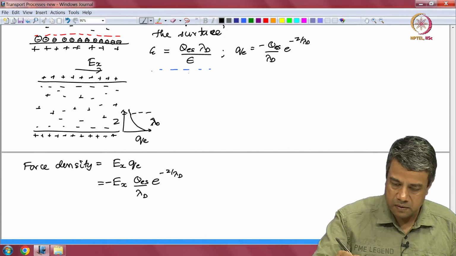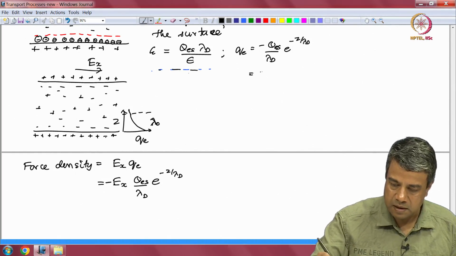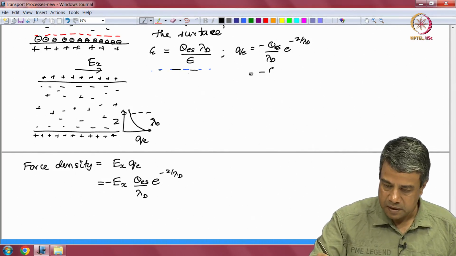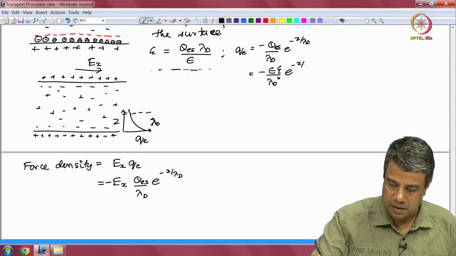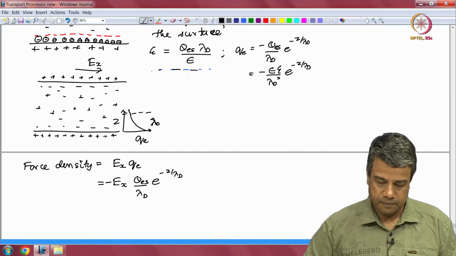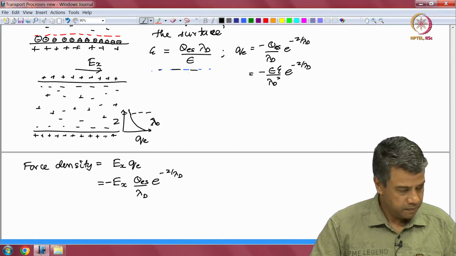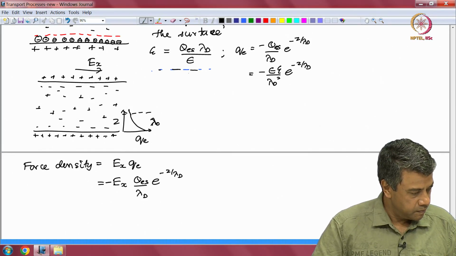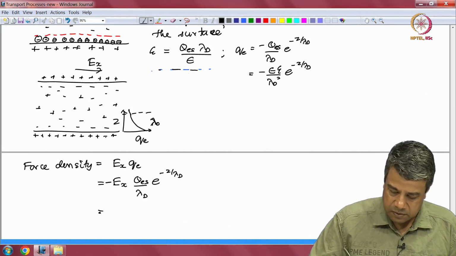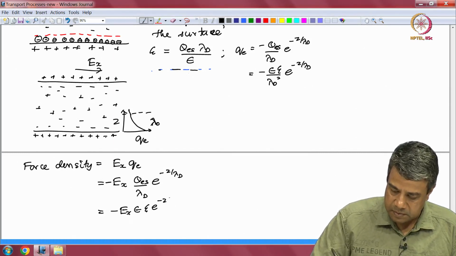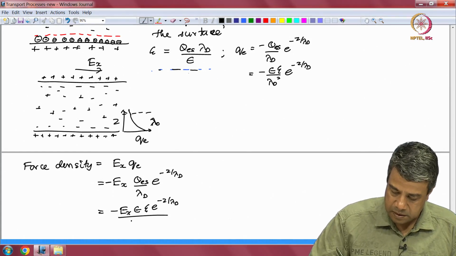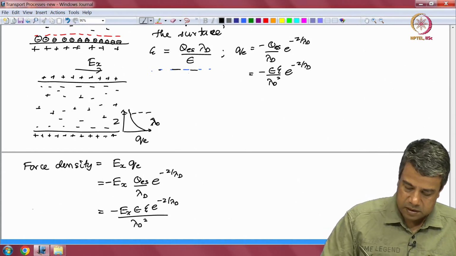And I can substitute using this expression to get minus epsilon zeta by lambda d square e power minus z by lambda d. So, this is equal to minus E x epsilon zeta e power minus z by lambda d by lambda d square. This is the force density.